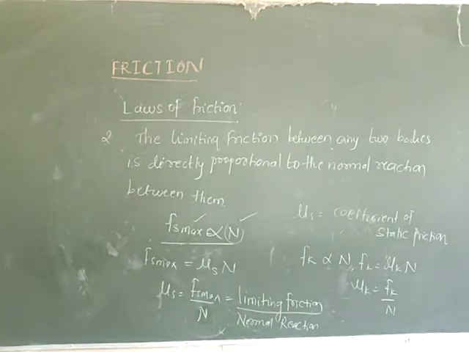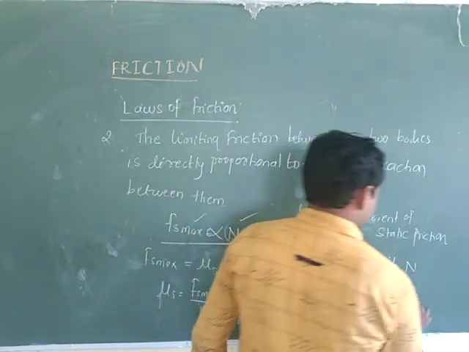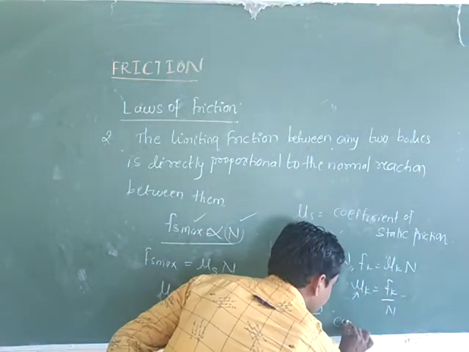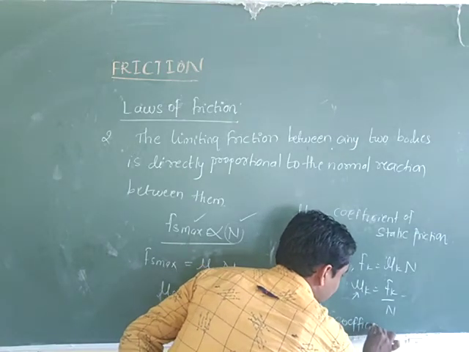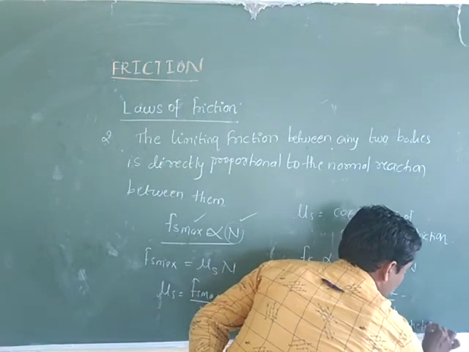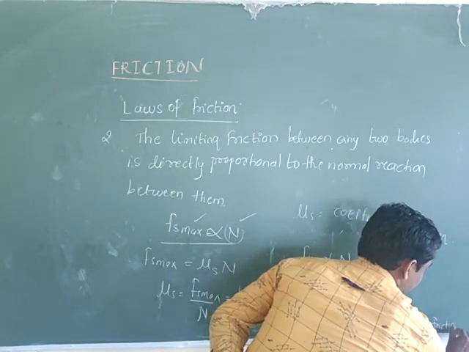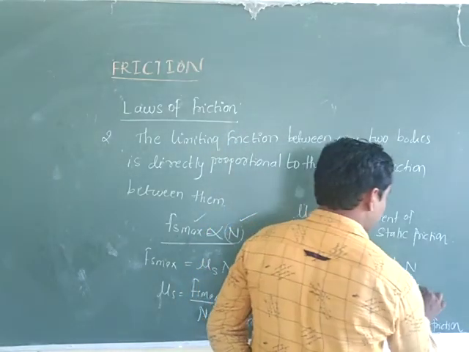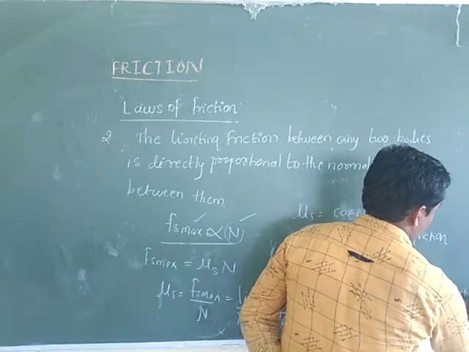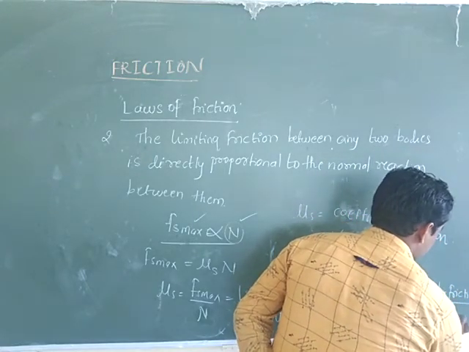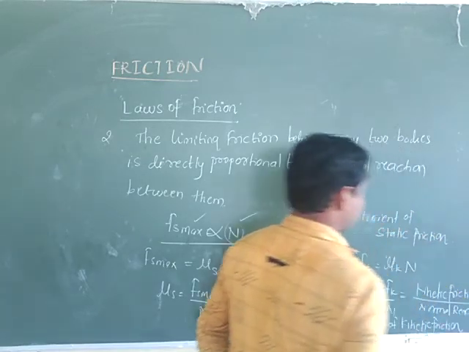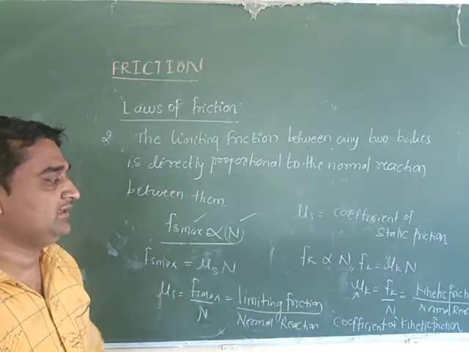So mu k is the coefficient of kinetic friction, and it is defined as the ratio of kinetic friction divided by normal reaction.